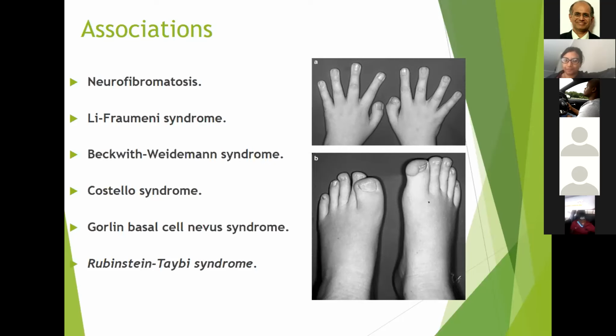The picture here is actually of Rubinstein-Taybi syndrome, where these kids present with short stature and broad thumbs and toes. So when you see some of these conditions, you need to think about the risk of rhabdomyosarcomas.